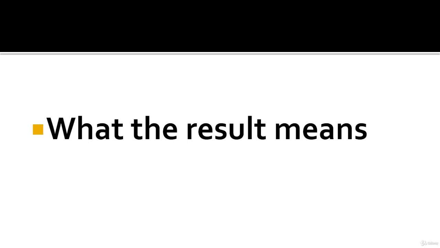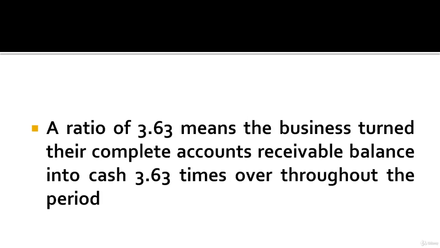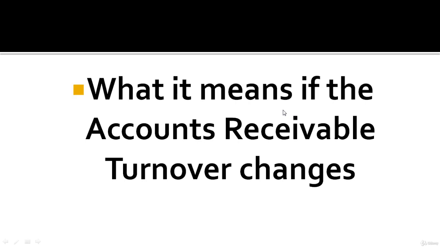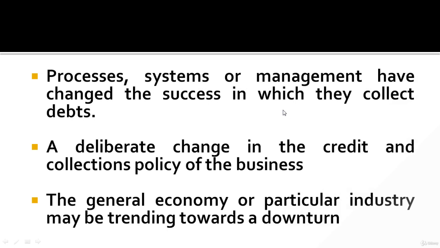What does the result mean? A figure of 3.63 means that the business turned their complete accounts receivable balance into cash 3.63 times over throughout the period. What does it mean if the accounts receivable turnover changes? Now, there are three main causes of a change in accounts receivable turnover, with two being genuinely under the control of management.